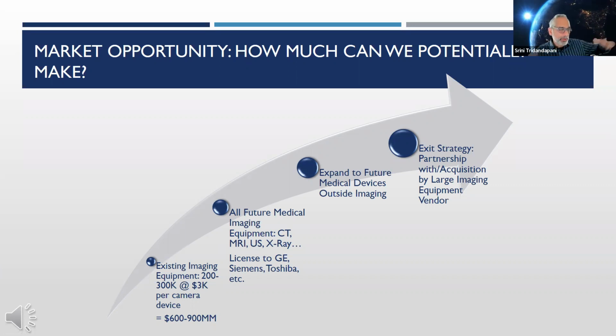And then we said, well, we would then expand to all future medical imaging devices, which is all of the newer devices that would come in. We'd start slapping the cameras on them by working with all of the big equipment vendors. And then we would expand to future medical devices outside of medical imaging.